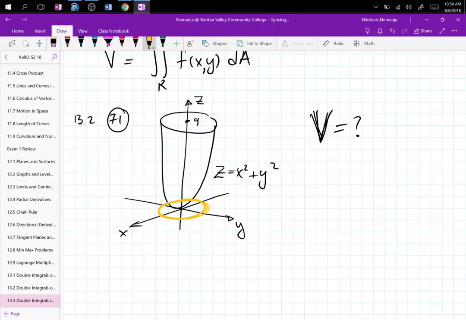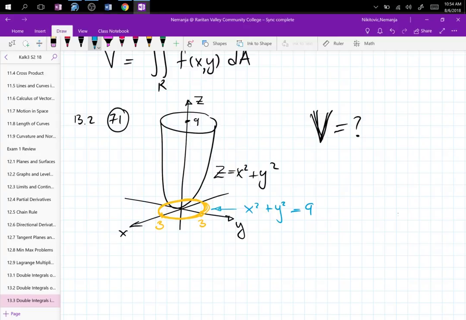So this circle in the domain is given by the equation x squared plus y squared equals 9. That's our equation of the circle.